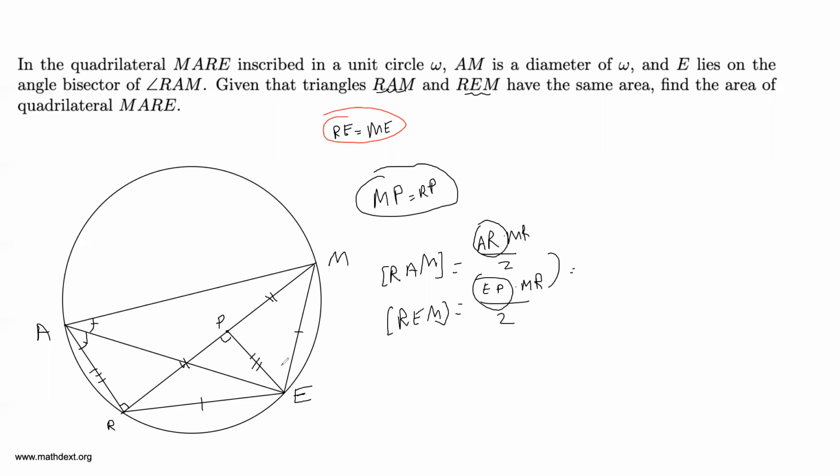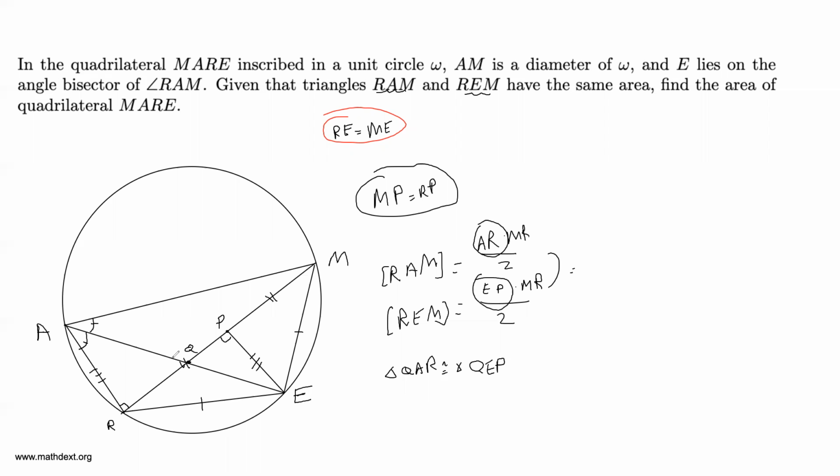Now what can we do? We can claim another triangle congruence here. Let this intersection be Q. Triangle QAR is congruent to triangle QEP, and we prove that using angle-angle-side congruence.